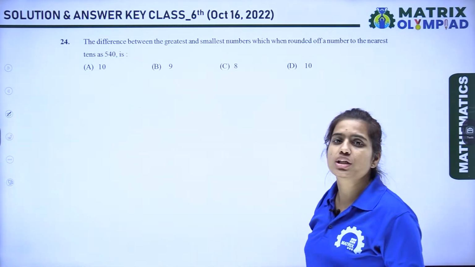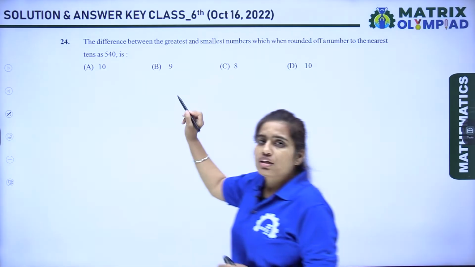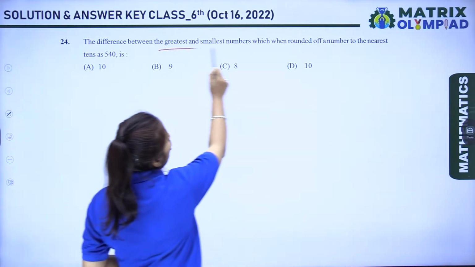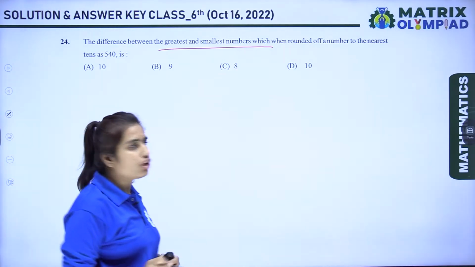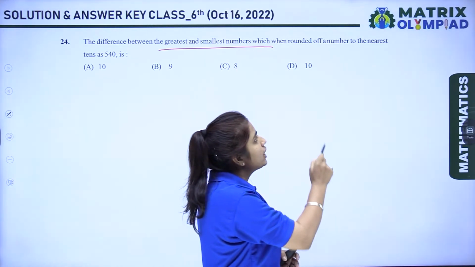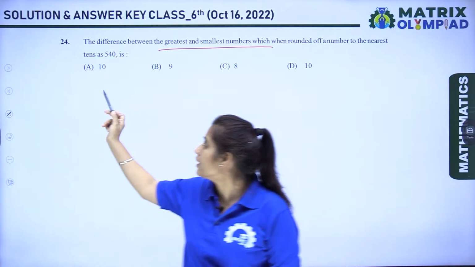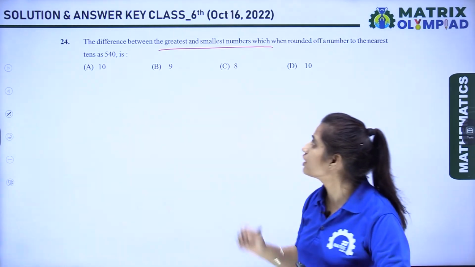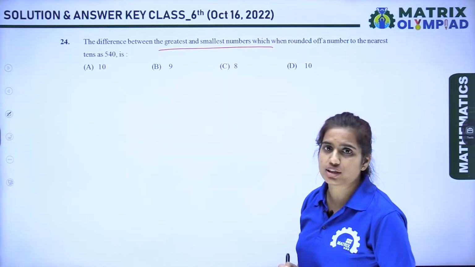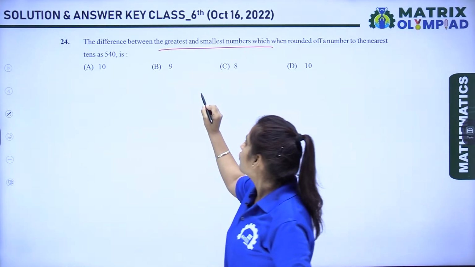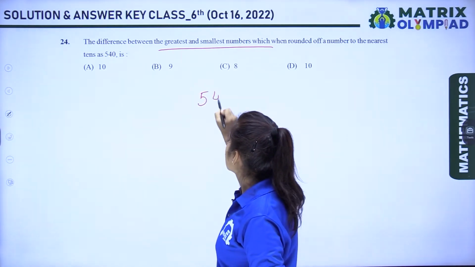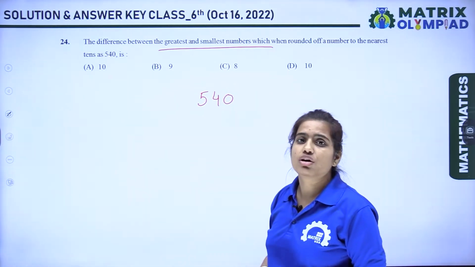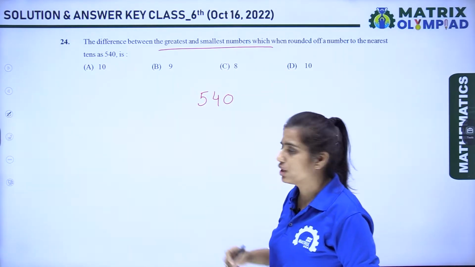Now, question 24. This question says: the difference between the greatest and the smallest number which when rounded off to the nearest tens gives 540. Here we have to find out the difference between the greatest and the smallest number. So first we have to find out the numbers which when rounded off give us 540.